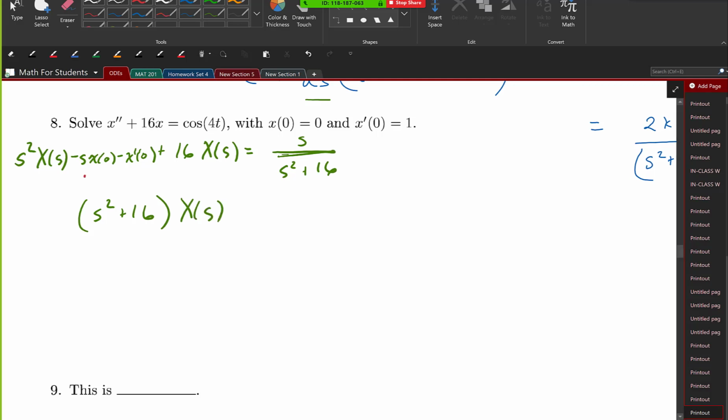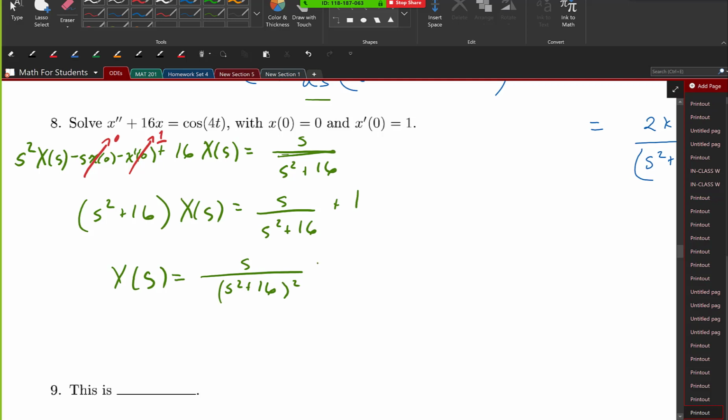This zeroes out, and that is a 1 that we'll add over to the other side. So we get s over s squared plus 16 plus 1. So solving for x of s, we get x of s is s all over s squared plus 16 quantity squared plus 1 over s squared plus 16.